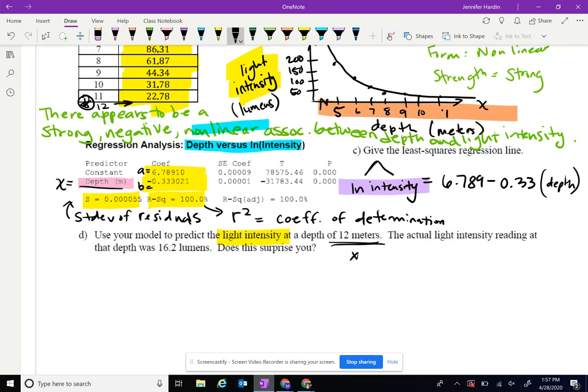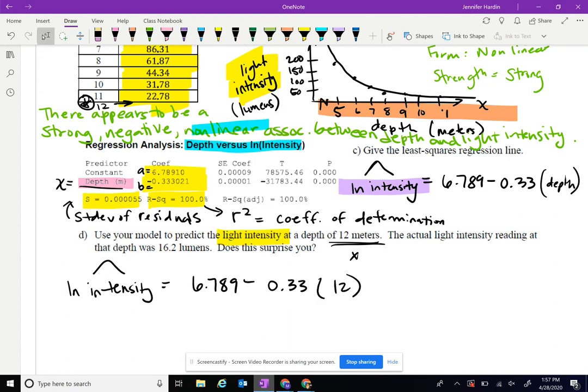X is 12, or depth is 12. If we predict the natural log of the intensity, 6.789 minus 0.33, I rounded that, plugging in 12. Multiply first.